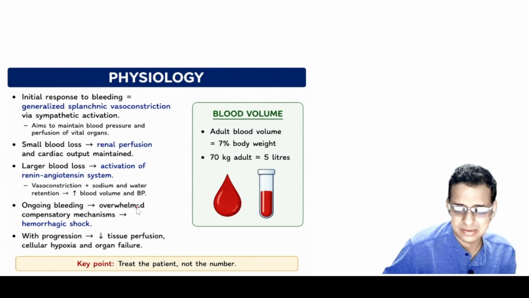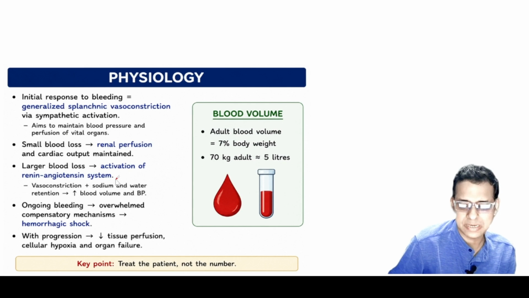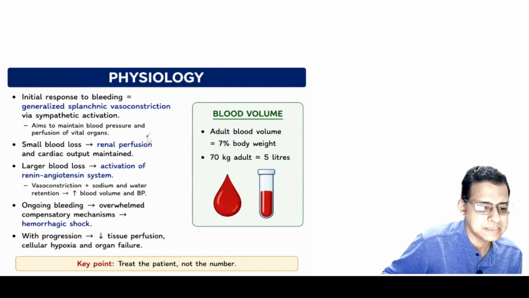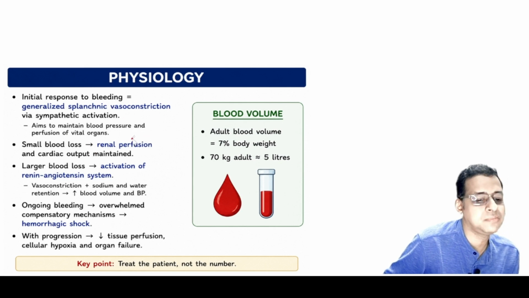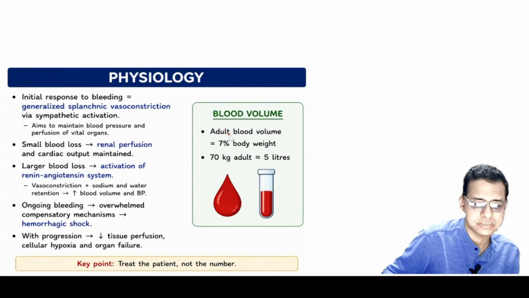Next, a trauma patient presenting in shock should be considered to have hemorrhagic shock until proven otherwise. You have to think about the trauma patient, and confirmly there will be hemorrhagic shock. Three things I would like to tell you in this physiology.